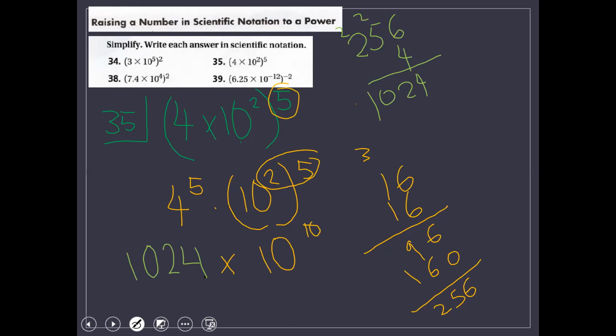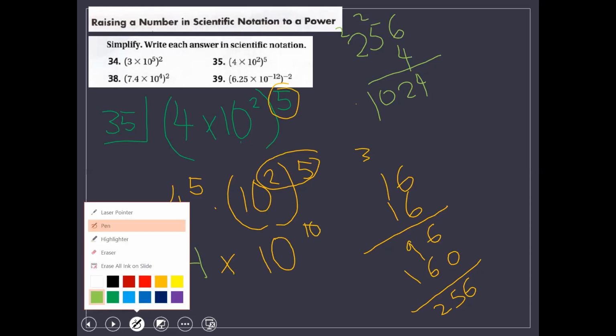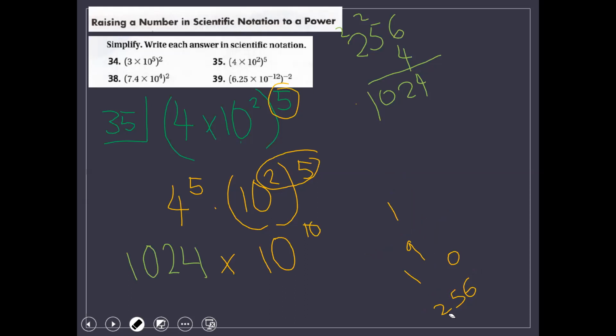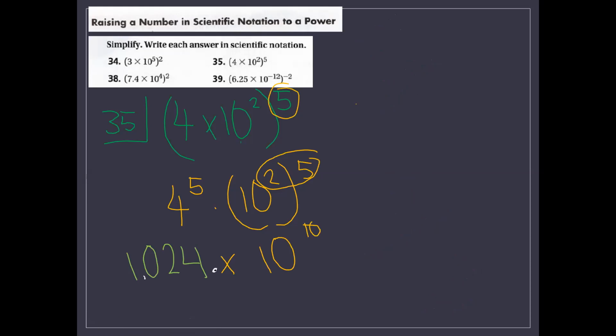Now, do you remember in grade 6 when we say that if we have 1024 multiplied by 10 to the power 10. If I want to put a decimal point here, okay, the decimal point is here, and I want to move it 3 steps to the left. So it's like I divide, so I have to add 3 zeros.